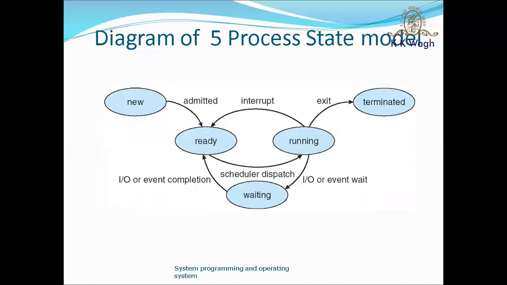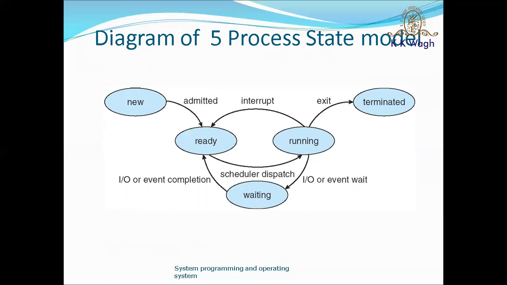Here is a diagram which shows the 5 process state model. The status is new. First of all, the process is created, then it goes to the ready queue. After that, it goes to the running state.